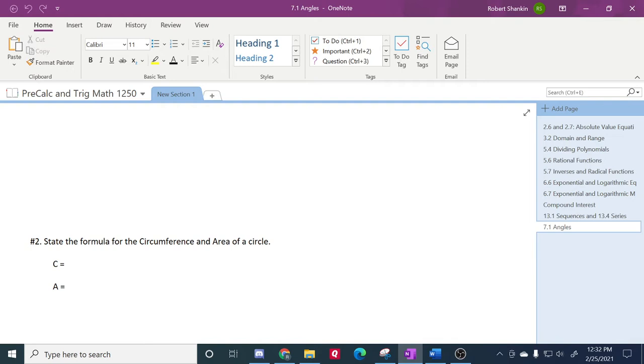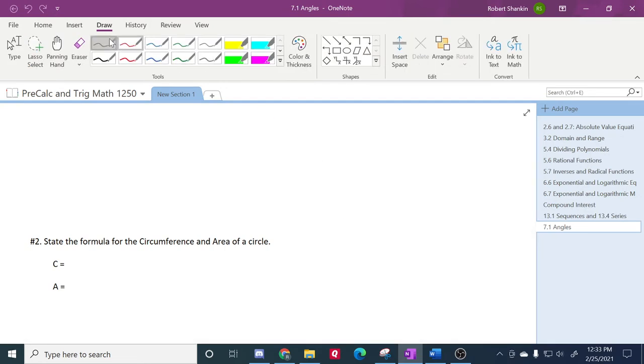If you can't remember them, take a wild guess and see if you're on the right track. Okay, 20 seconds more.